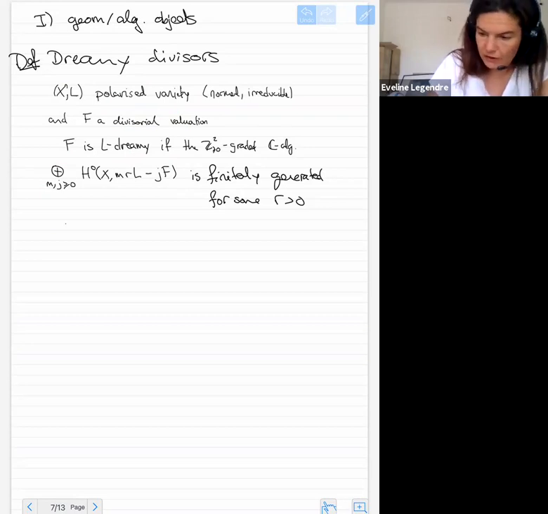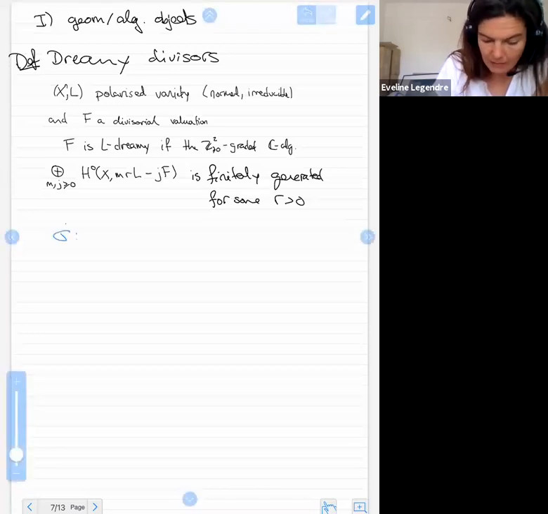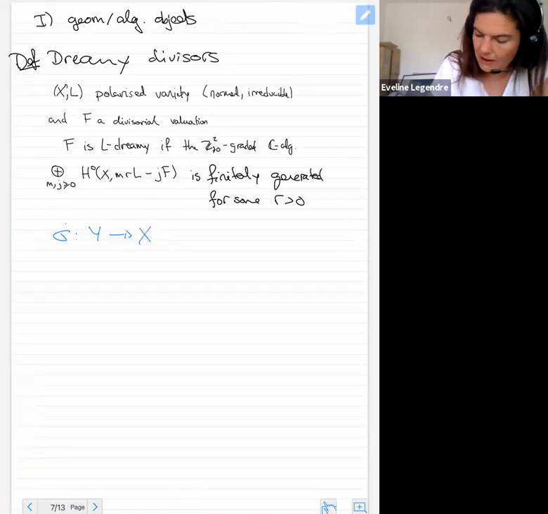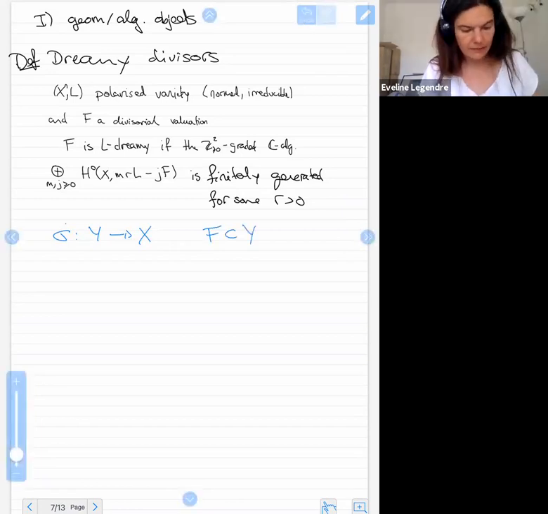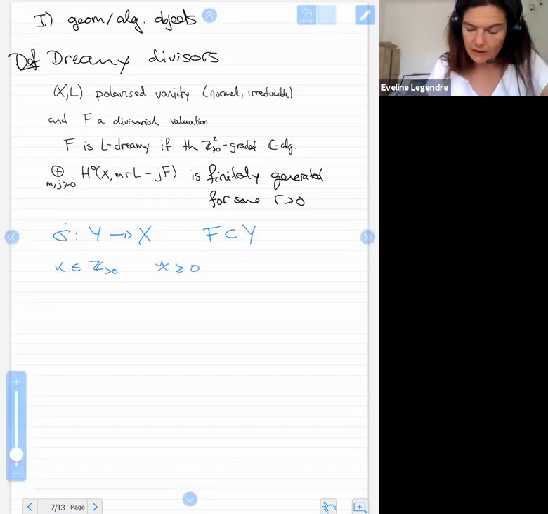What that means is that we have a birational map from Y to X, and F a prime divisor in Y.